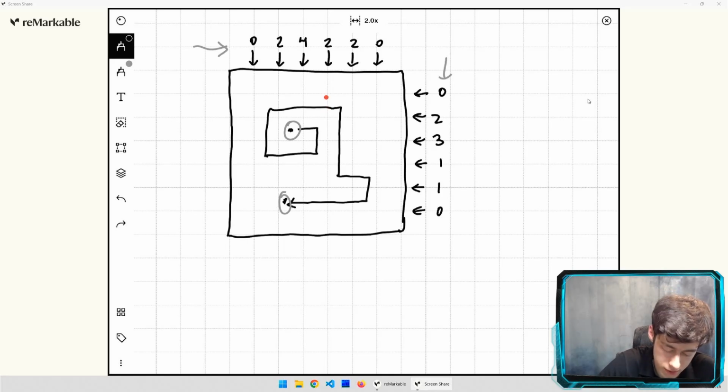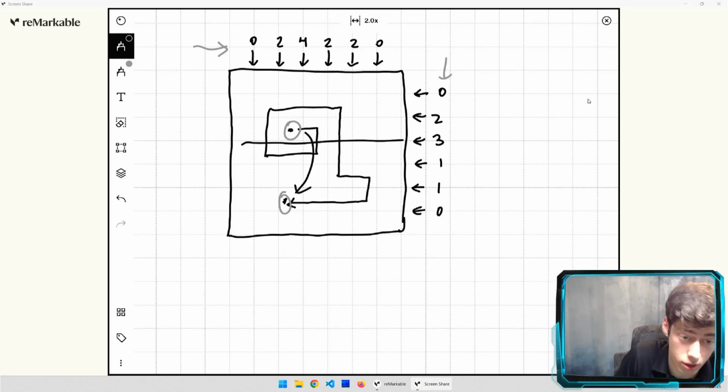So if a number is even, it means the pigeon ended up on the same side of that dividing line as it started. And if it's odd, like in this case for this 3, why is this 3? It's because it crossed, then it crossed back, and then it crossed back again. So the fact that it's odd means that it ended up on the other side of this dividing line compared to where it started.